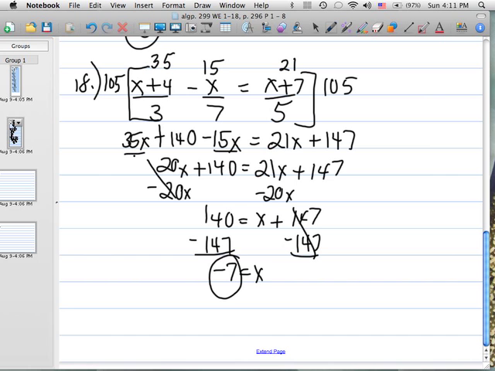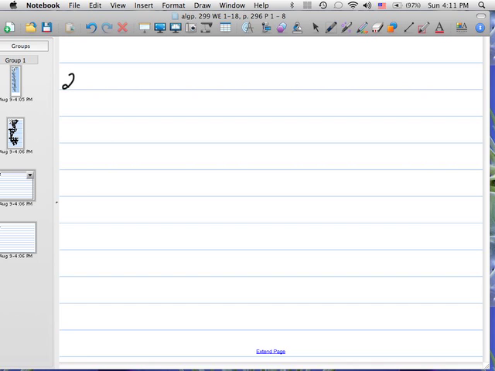Now turn back to 296, and we're doing the word problems there. Problem number 2. We're going to set up a proportion to solve these. It says 3 cans of cat food cost 87 cents. So if I put 3 cans over money, 87 cents. Set up the second fraction the same way.